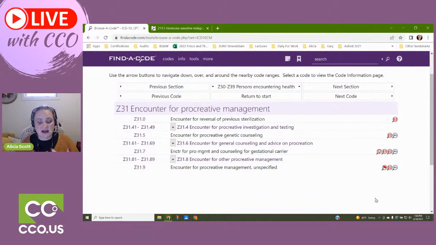It is not taught as much because we teach you how to look it up, but we don't necessarily go through all of the uniqueness that the Z codes offer when you take a course, because you're so busy trying to retain the guidelines for all the code sets.